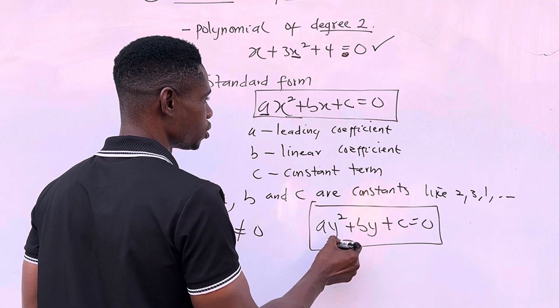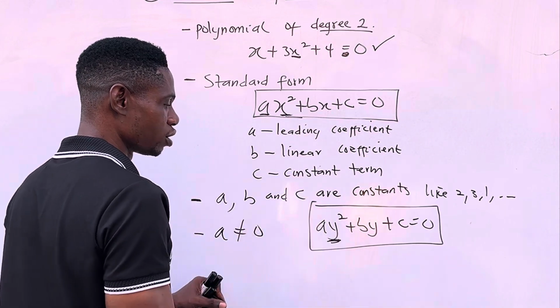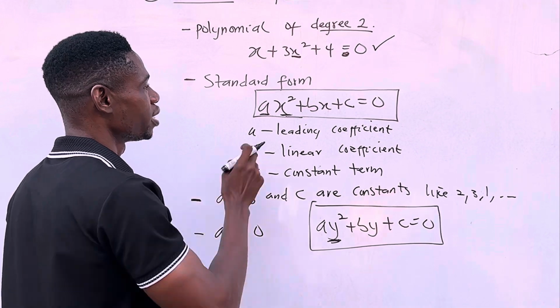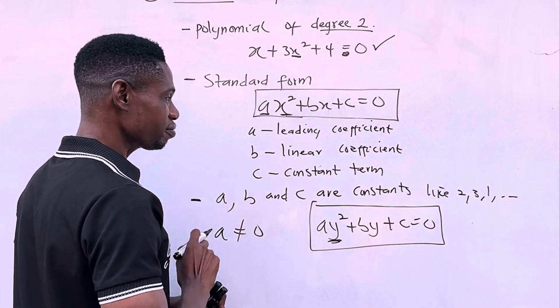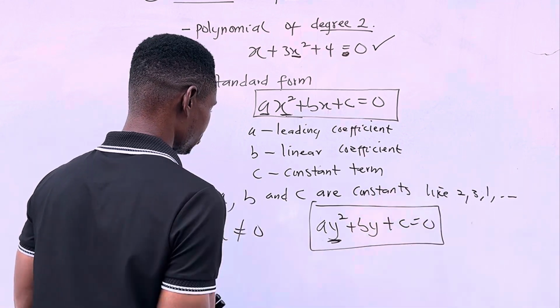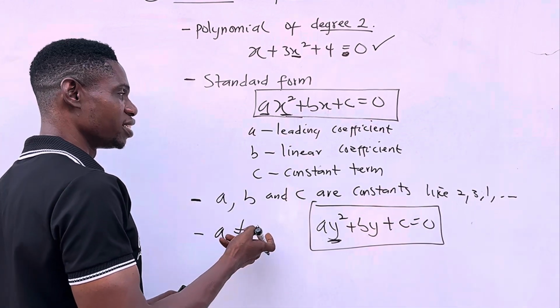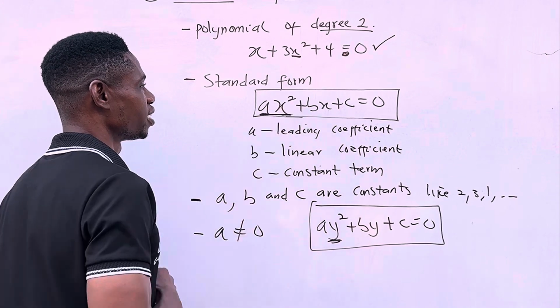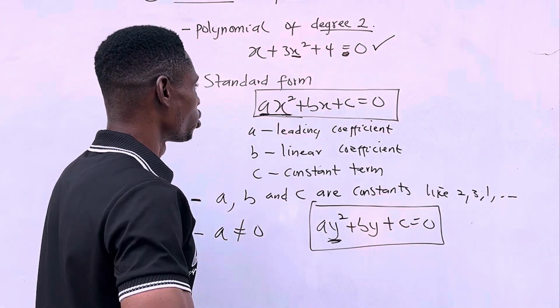Here y is used, here x is used. The highest power of the variable is 2, a, b and c are constants and a cannot be 0. That means you must have this term in the equation for it to be quadratic.